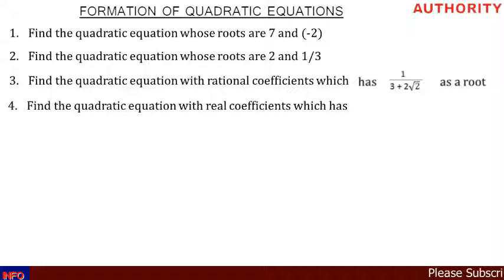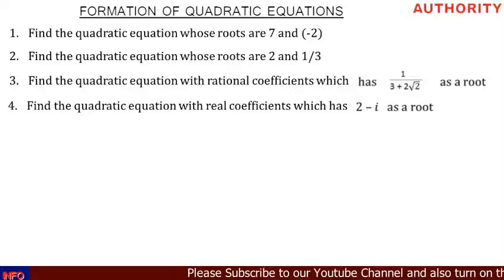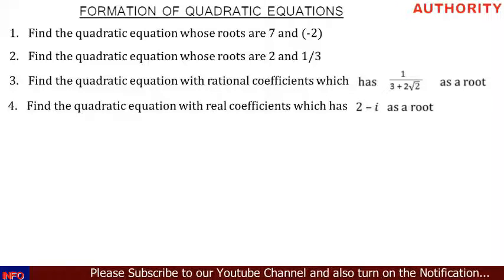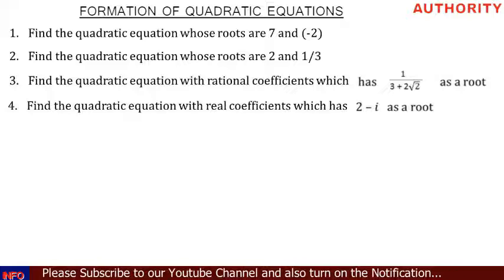Number 4: find a quadratic equation with real coefficients which has 2 minus i as a root. I want us to use these 4 examples to show you how to form a quadratic equation.